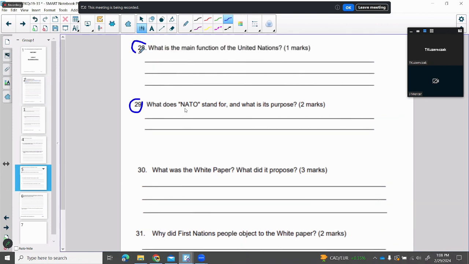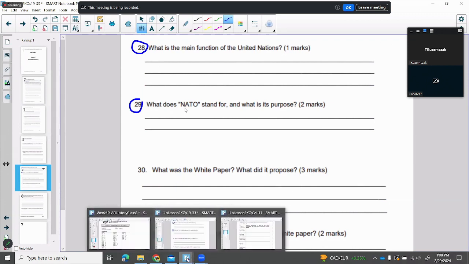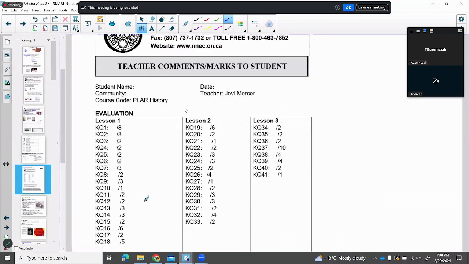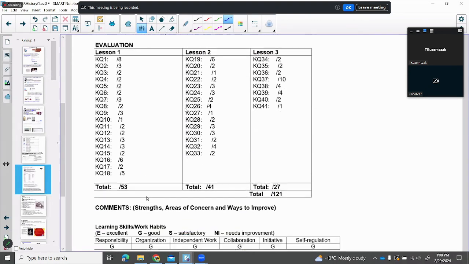What was the main function of the United Nations, and what does NATO stand for, and what is its purpose? We did that. So we will start off with that in this lesson.